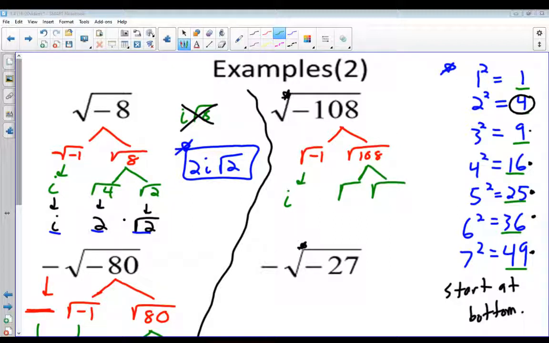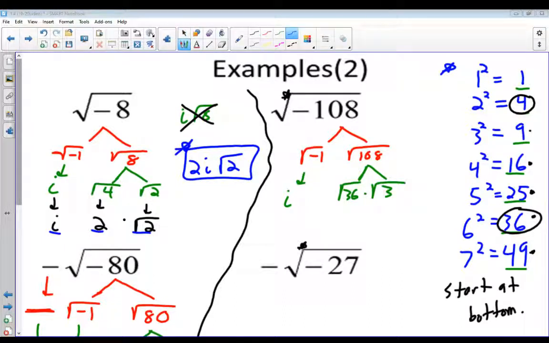And if you start from the bottom and work your way up, 49 won't work. 36 should. So then 108 and 36. 36 would have to be in this root. And then the leftover one has to be 3, because 36 times 3 will give you 108.